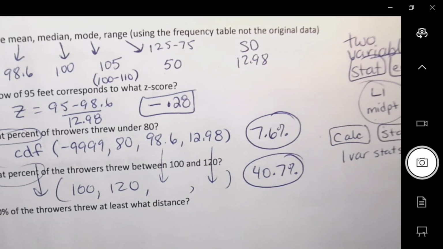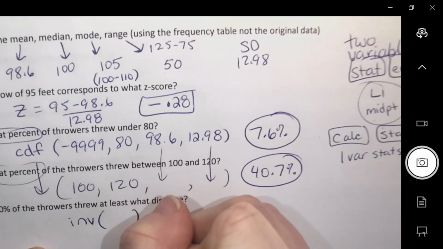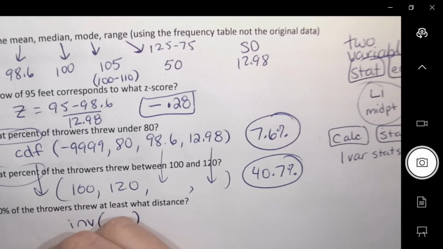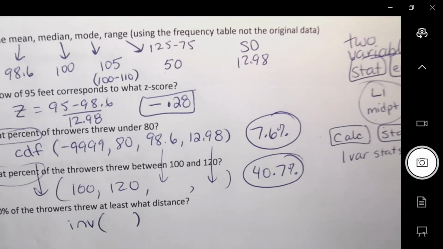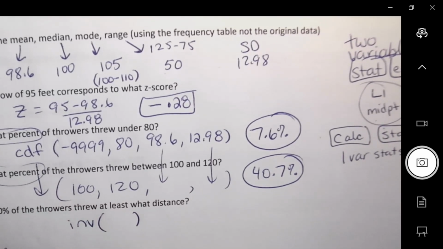Okay, so those are usually the ones that are easier, and this last one is the hard one. This time I gave you 80%, so what button are we going to be using? Inverse. How do you do 80% through at least? 80%.